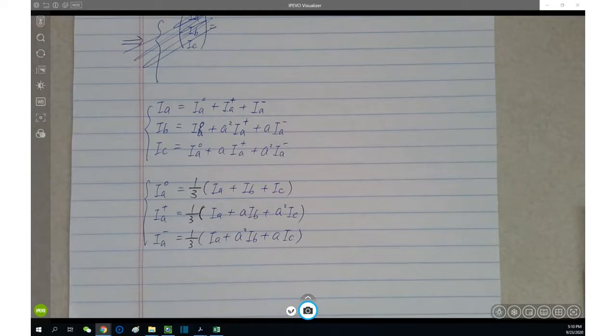Okay, so these are the formulas where you probably feel more comfortable in the exam problem calculation.